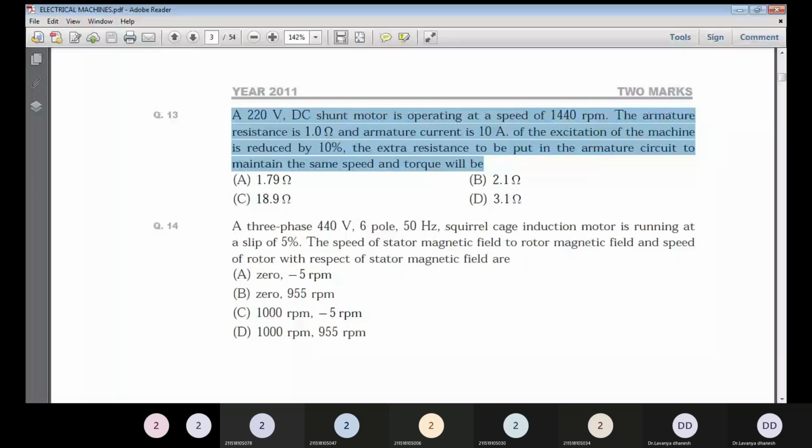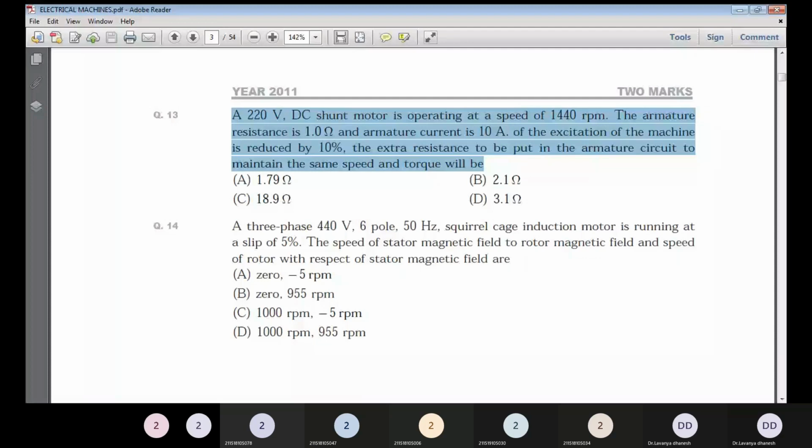See, this formula is repeatedly asked, so you have to write it. Again, I'm just taking this expression.